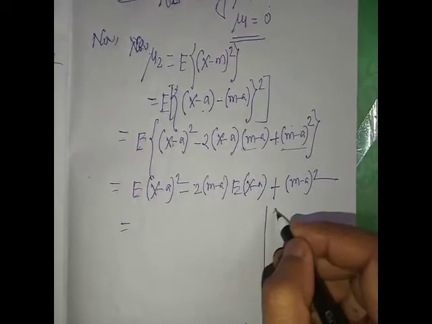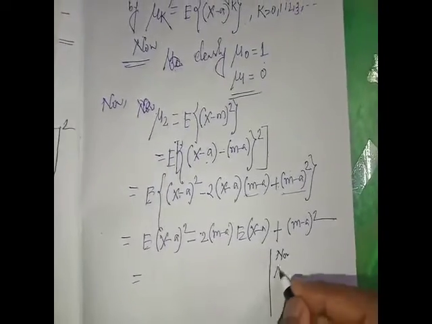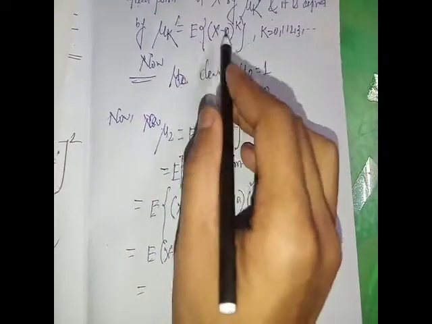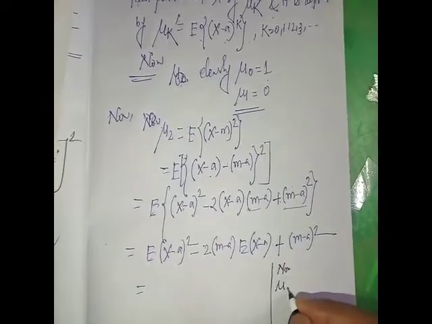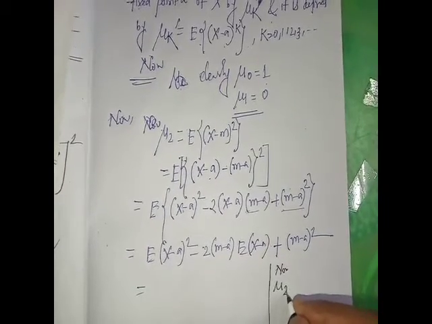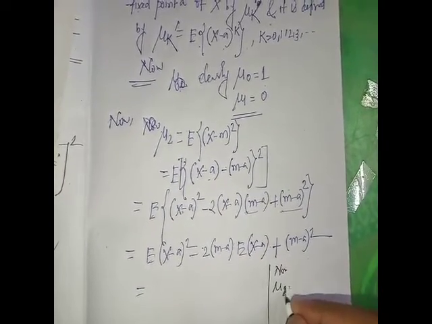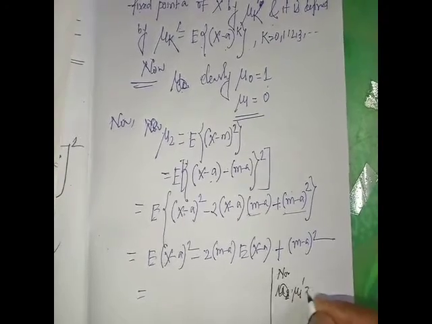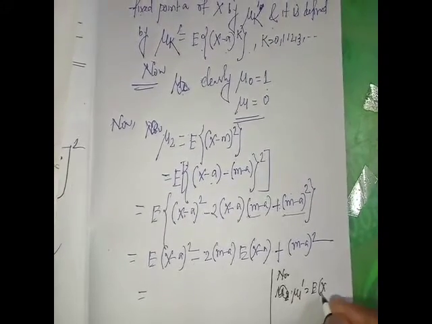Now mu k dash equal to expectation of (x minus a) whole to the power k. So mu 1 dash equal to expectation of (x minus a).